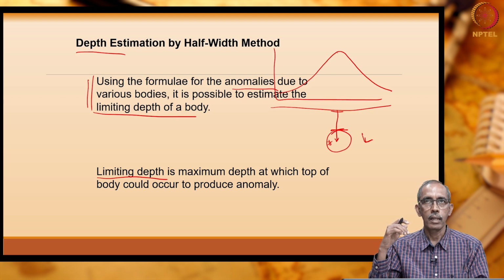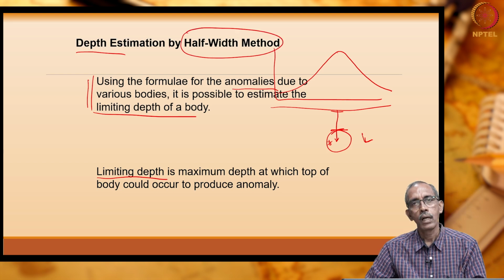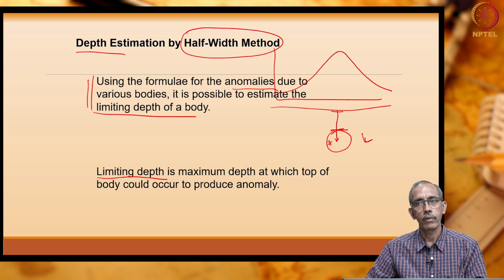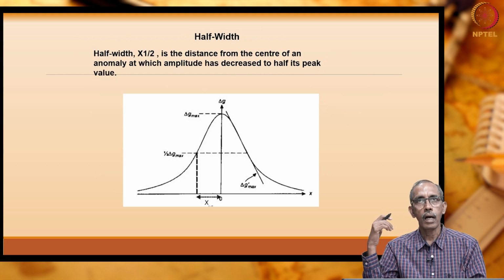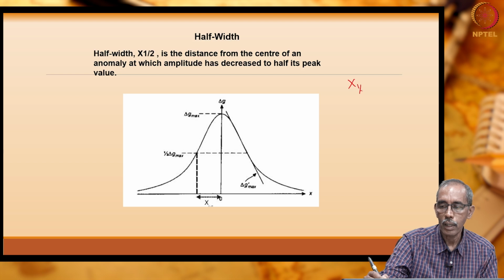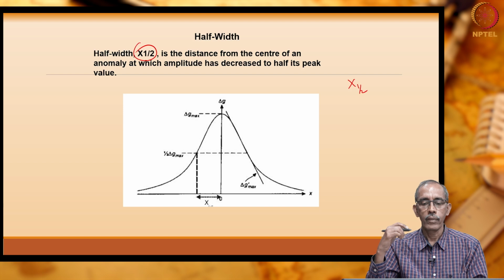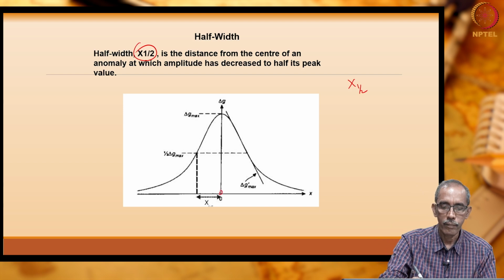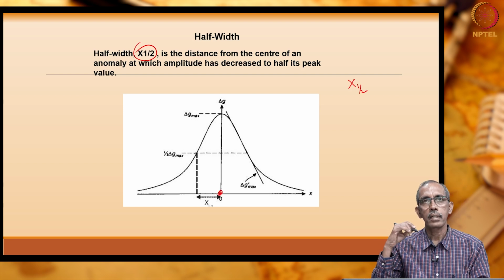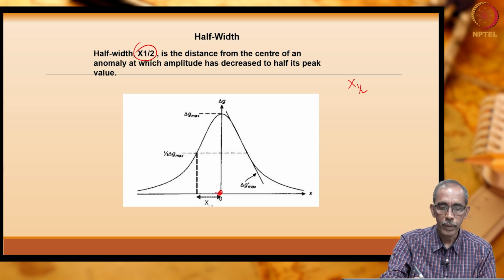anomalous body. This can be done by making use of what is known as half anomaly width. What is half anomaly width? Half anomaly width, which is denoted by x subscript half or sometimes as x half, is the distance from the center of the anomaly at which the amplitude of anomaly decreases by half.